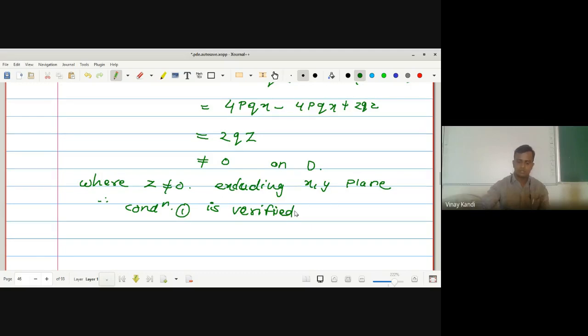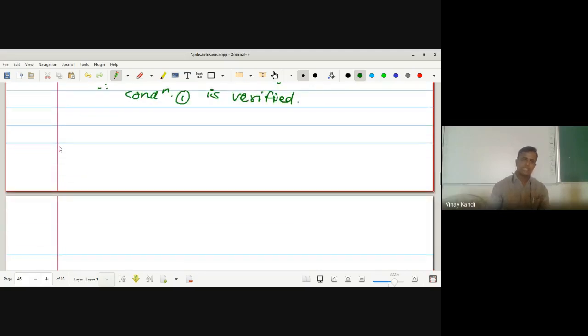Now the second condition, claim 2: finding p and q from equation 1 and 2.